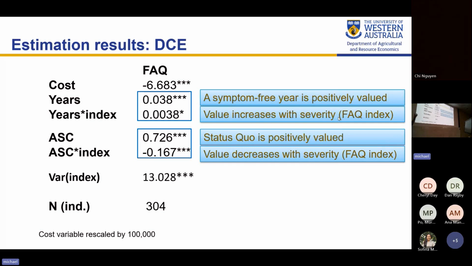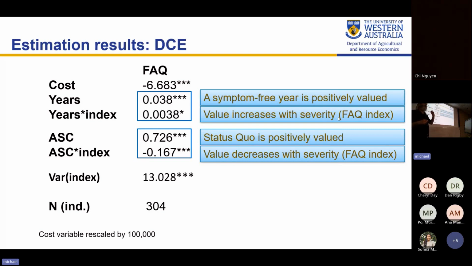So the ASC is the value that I place upon my current condition. ASC itself is positively valued. So that's quite interesting. What that means is that they have a tendency to want to stay in their current condition.